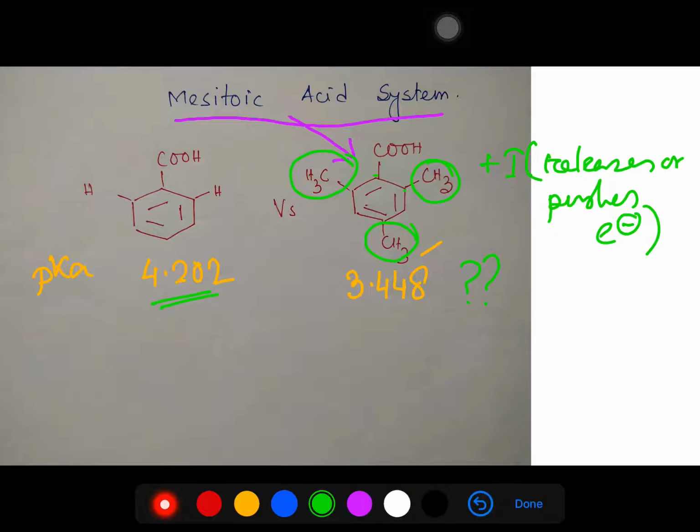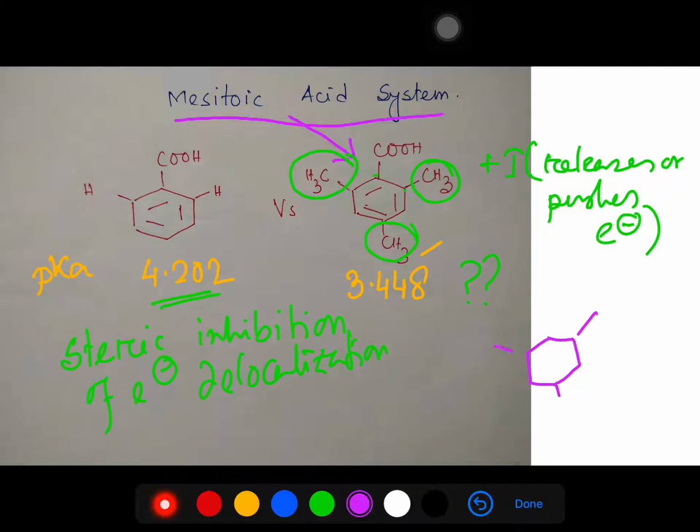Why? The interesting property is steric inhibition of delocalization. This is a very interesting topic, steric inhibition of electron delocalization. What do I mean? See, in this case, because of the methyl groups, this carboxylic acid cannot remain in plane.